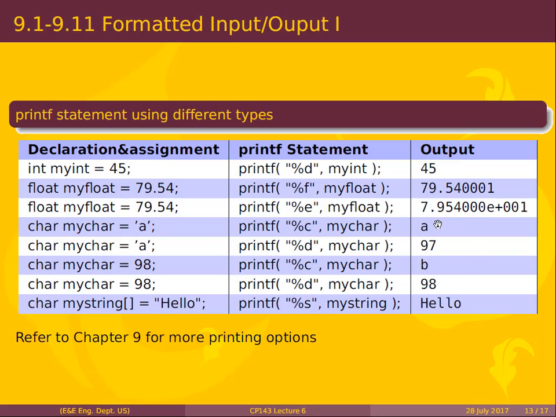For example, if you want to print a big number out as e to the power of something, you can use this %e specifier, or for float, as I've said, %f, and remember the .2 or .3 to specify the number of decimals at the end.